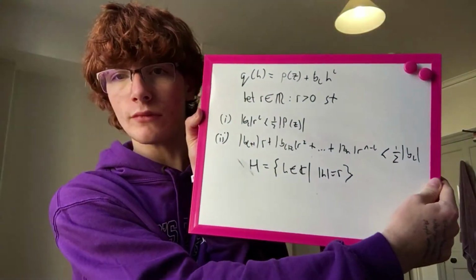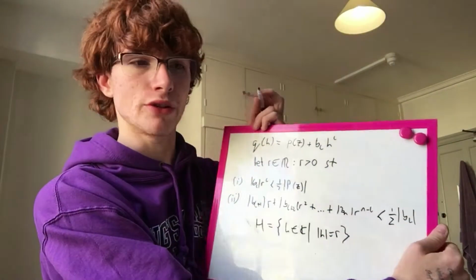Right? Now, Q of H. As H whizzes round this circle, as it satisfies this circle of values that it could have, Q of H up here is going to whiz around another circle of center P of Z, because you add P of Z in.